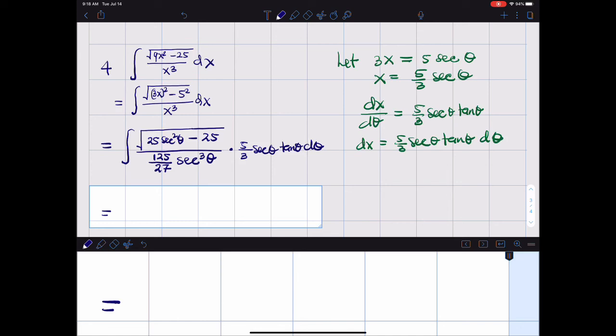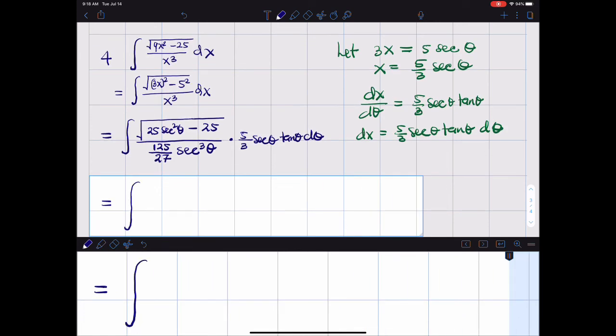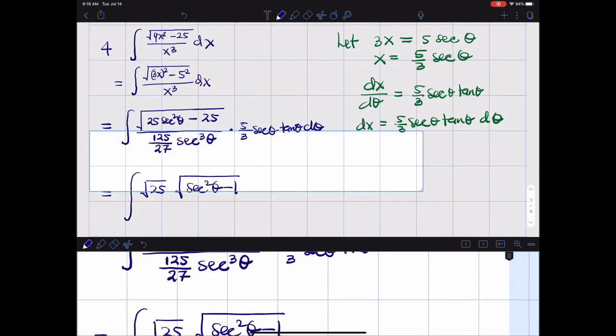So if that's the case, in the numerator we can factor out a square root of 25, and then we're left with the square root of secant squared theta minus 1. And then let's rewrite this as (5/3) cubed.